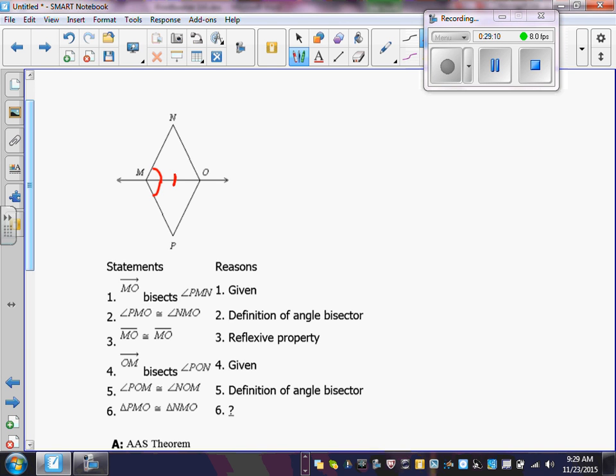And it says this is congruent by reflexive property. And OM bisects PON. So now I have this angle congruent to this angle. I think that's enough information, right? I have an angle, I have a side, I have an angle. So ASA would be the one you have to use.